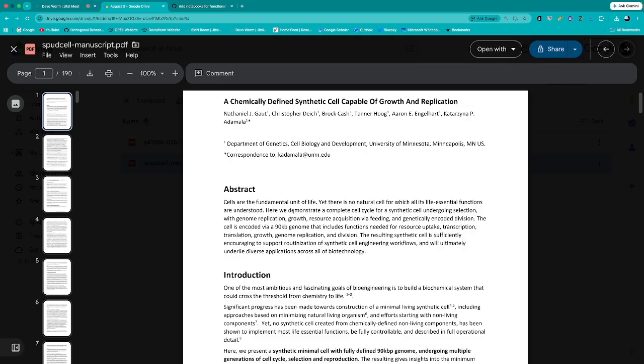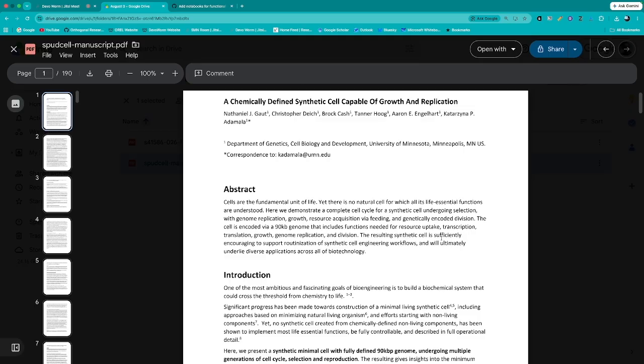It probably wouldn't be able to replicate itself, but it probably wouldn't be able to survive either, because a number of these other things are involved in other metabolic processes. So that's what they're doing. They're getting this minimal genome, and then they're describing this in the paper.